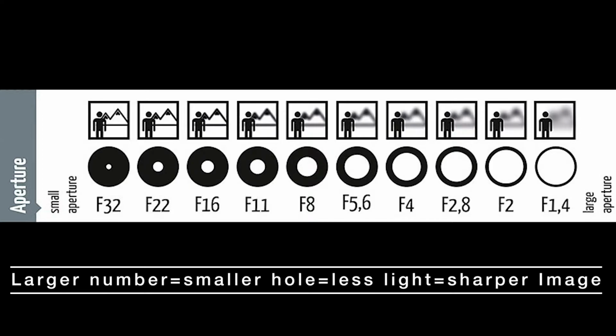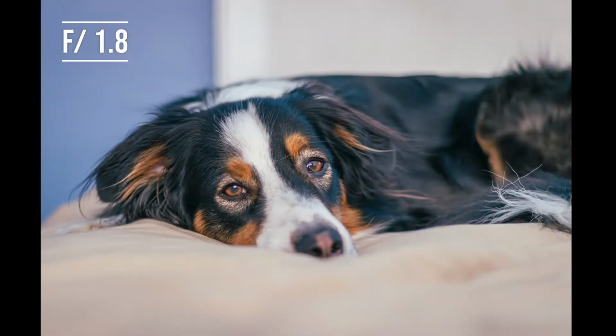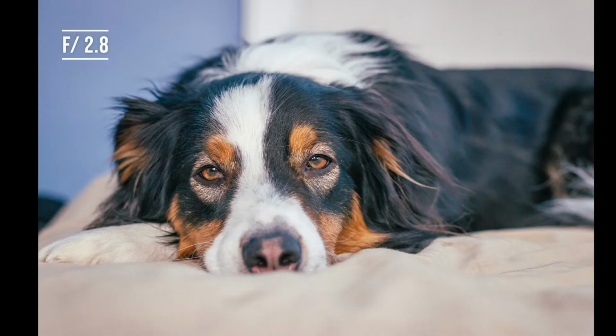Okay, so for those who are still confused, I took out my camera and I took pictures of my dog on my bed at different f-stops. So you can see how the background becomes blurry and it goes to sharp when the f-stop is raised. So in this picture you can see the backgrounds are blurry and the subject is sharp. So this picture is taken at f2.8 and you can see the background is still blurry.